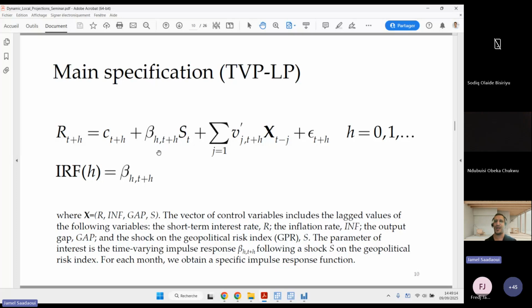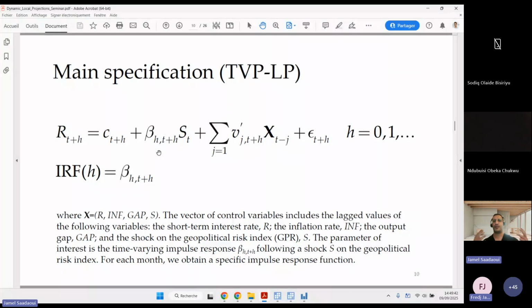Something which is very interesting here is that, with this kind of modeling, I will not enter into the theory because the theory is very complex, with very complex estimators. But from an applied economics perspective, what you can retain is that it is a very flexible tool to estimate different kinds of structural breaks, nonlinearity, state dependence, regime change, or whatever.